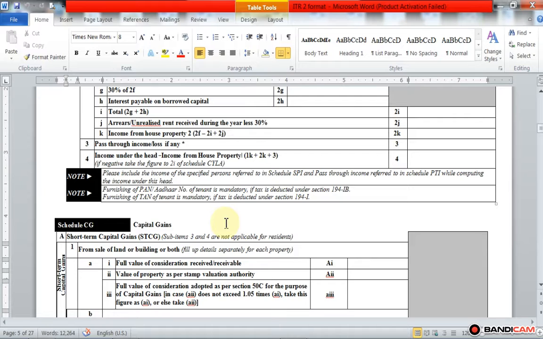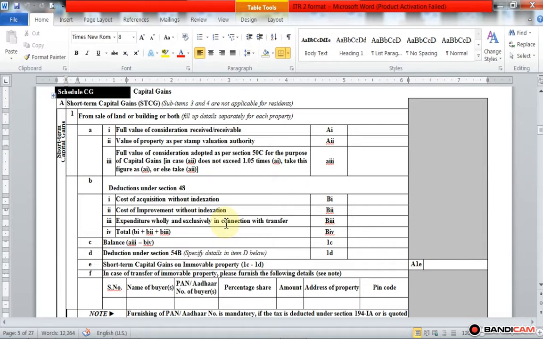If the assessee has transferred or sold the land and building, then capital gain is computed. We already studied how to fill the short term capital gain information in ITR 2. Here again we revise short term capital gain for immovable property, that is land and building.